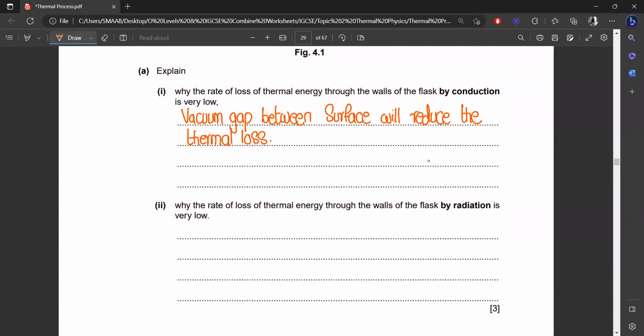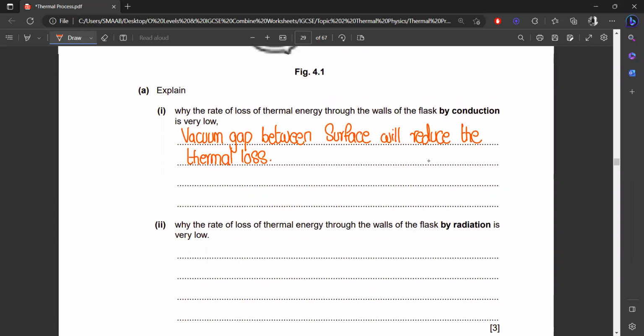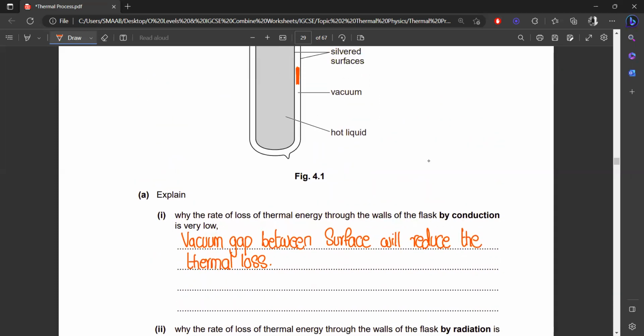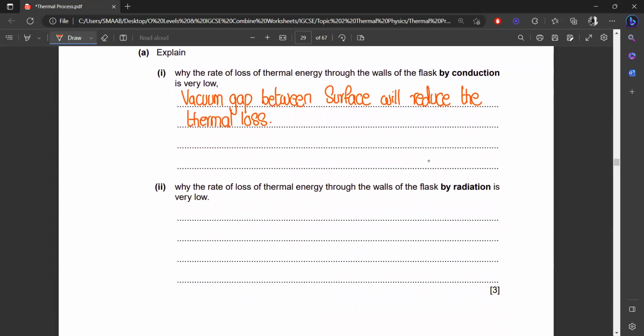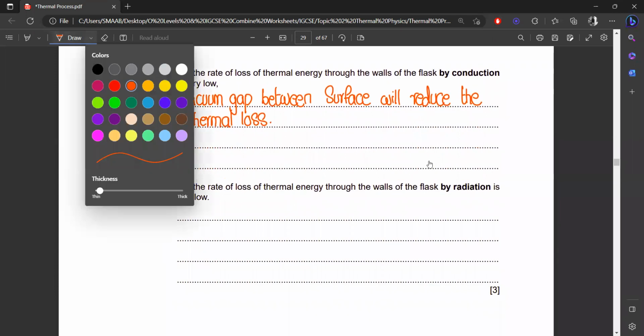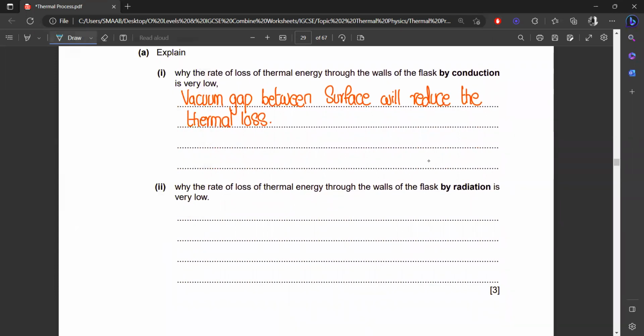And explain why the rate of loss of thermal energy through the walls of the flask by radiation is very low. Is it because silver is a bad absorber? Yes, so that is related to the silver color. We use silver color to overcome this thermal loss by the radiation process.